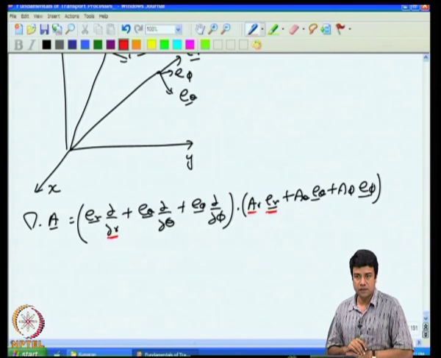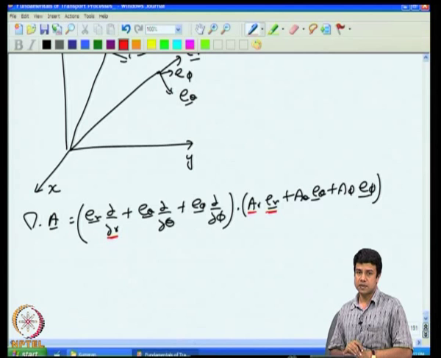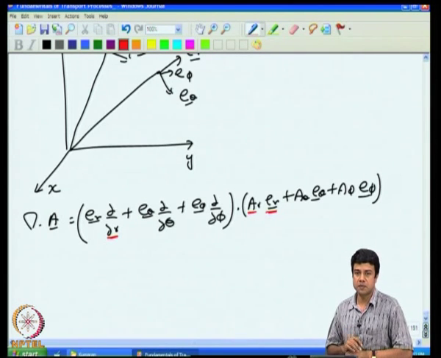And because the unit vectors are changing with position, I will get additional terms in the conservation equation due to the change of the unit vector with respect to position.